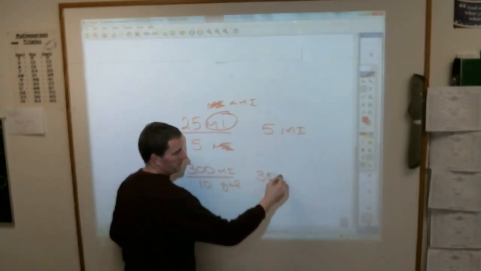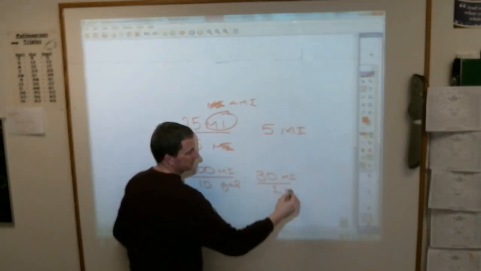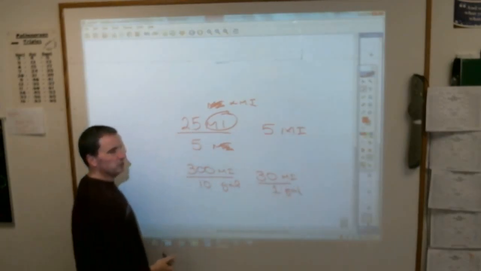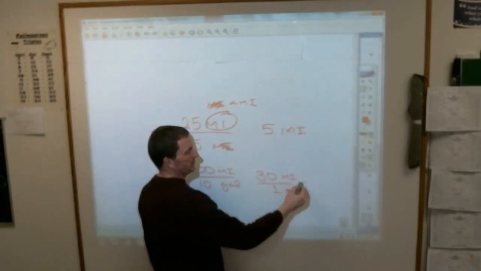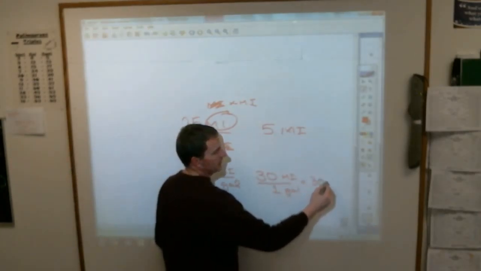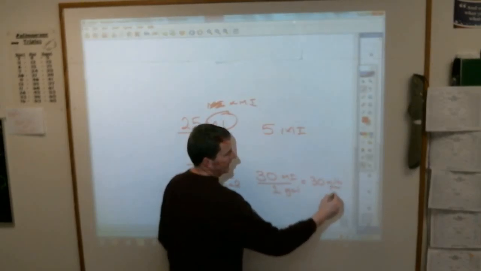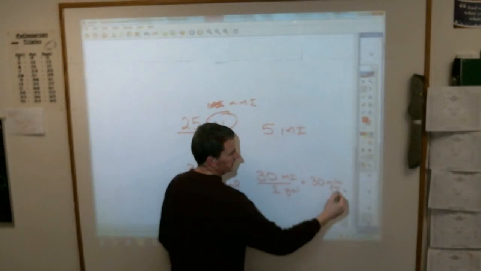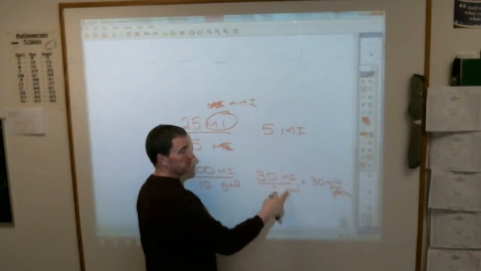You end up with 30 miles over 1 gallon. We don't usually say it that way. If we're talking about gas mileage, we say my car gets 30 miles per gallon. But that's what that means, 30 miles over 1 gallon.